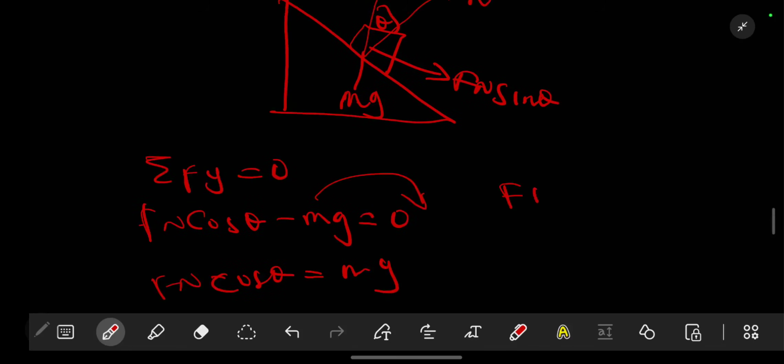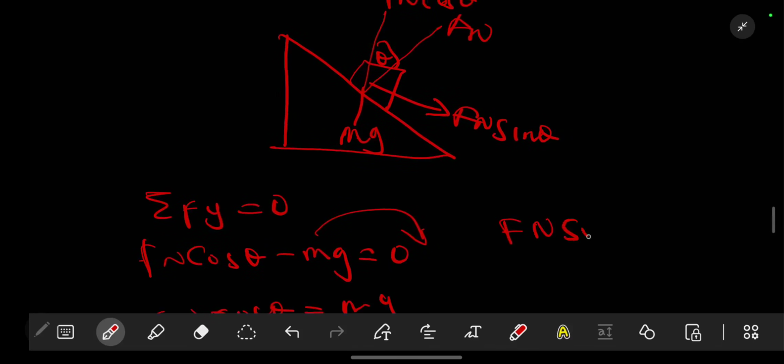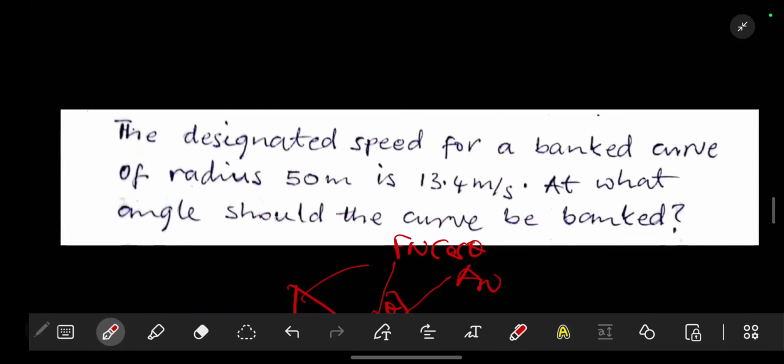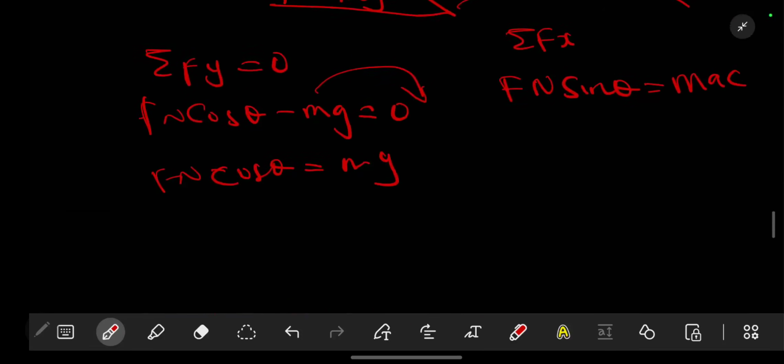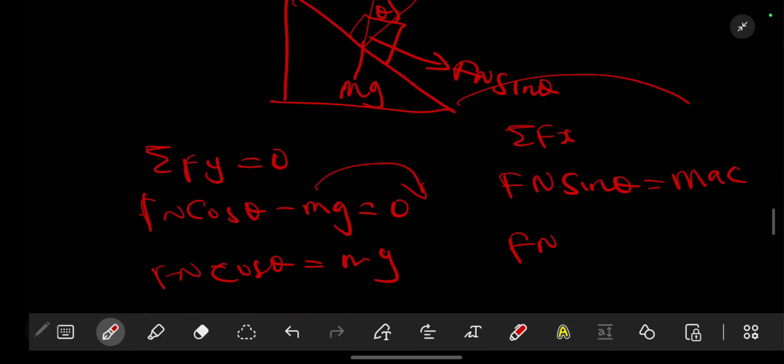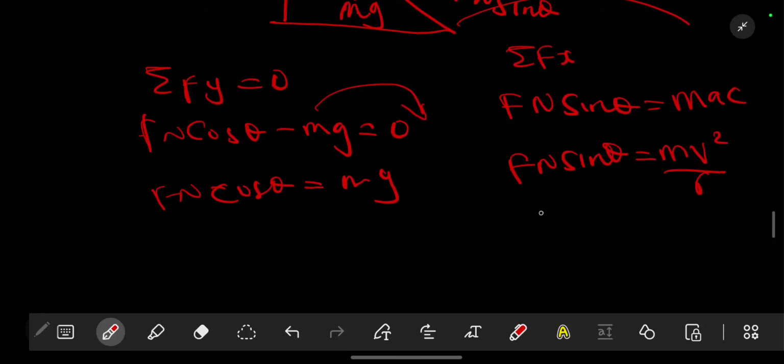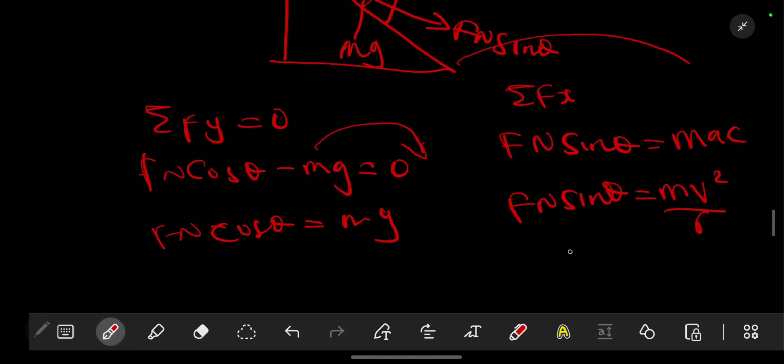Then our Fn sine of theta, that's the summation of forces in the x, which is producing the centripetal force, should be equal to ma_c. In this case, they have given us the speed, so we can say Fn sine of theta should be equal to mv squared over r, which gives us this value.